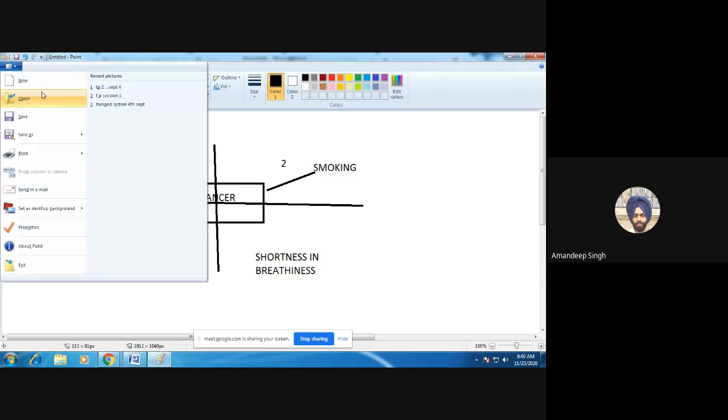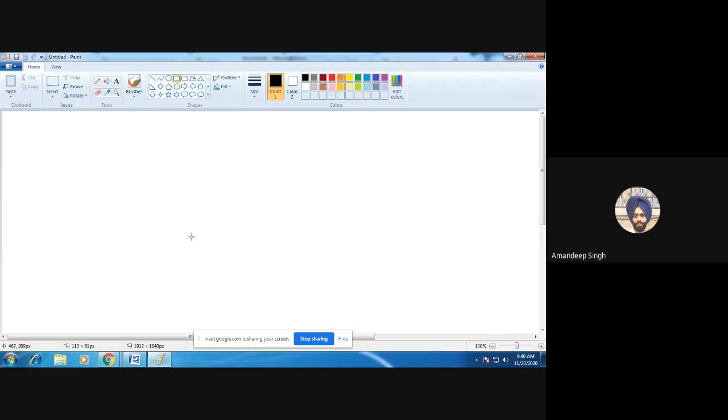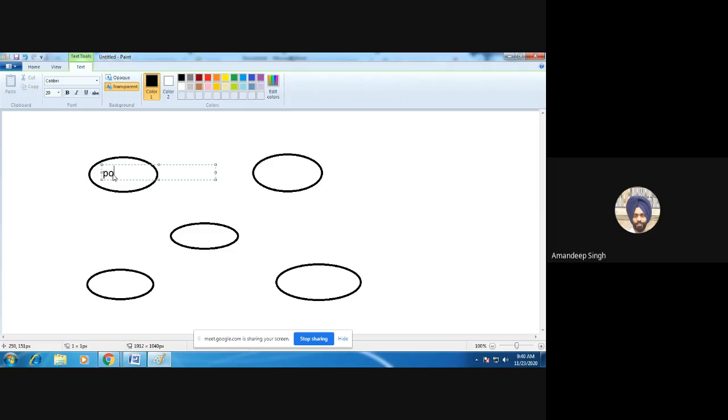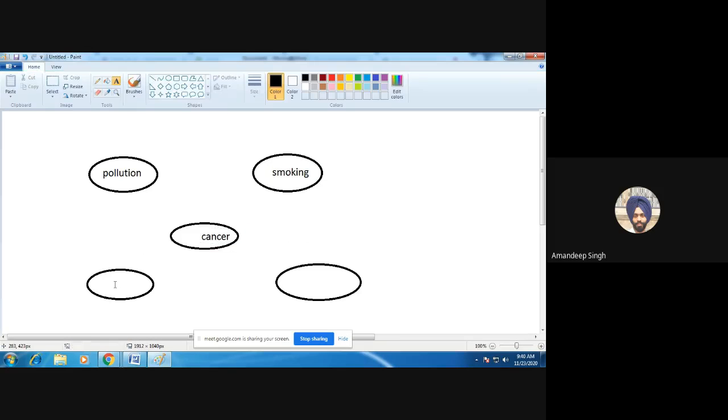What we are trying to discuss here is that you have these different nodes. Here we were having the pollution factor, here we have the smoking factor, and here we have the cancer node.